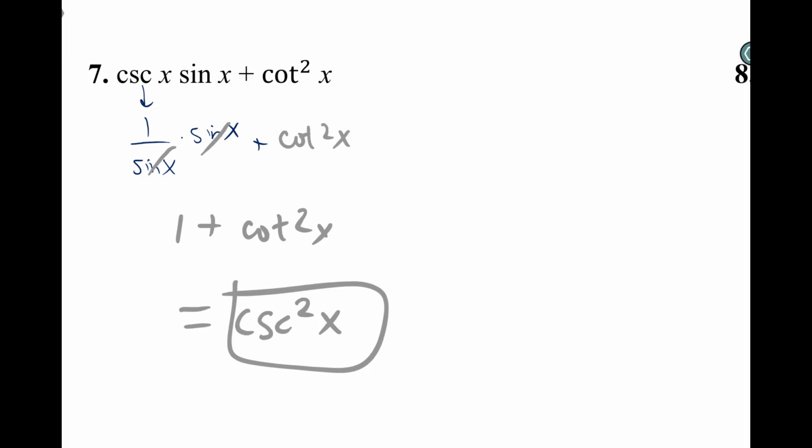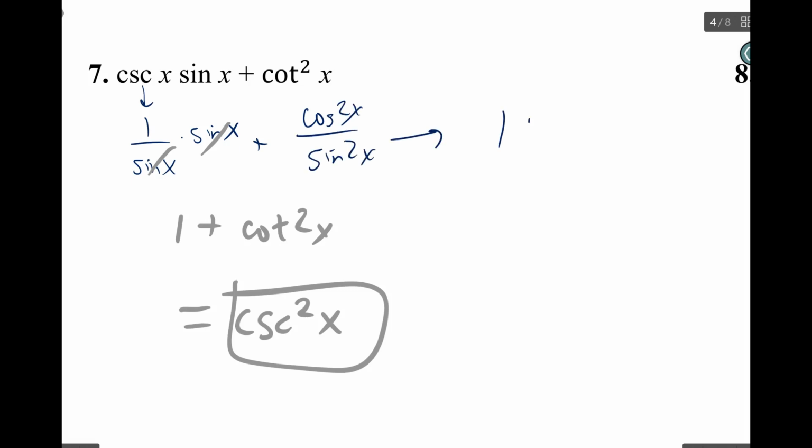It's only because I started rewriting things in terms of sine and cosine that I noticed it cancels out, and I'm like, wait, then I'll have a 1 plus cotangent squared x. I could have rewritten this in terms of sine and cosine, and that would have been fine: cosine squared x over sine squared x.